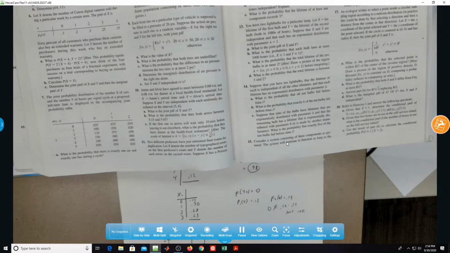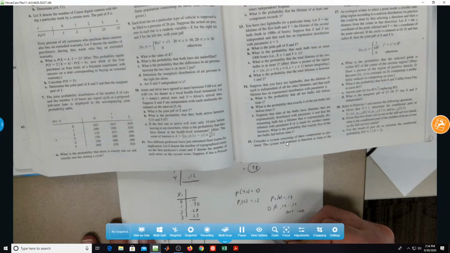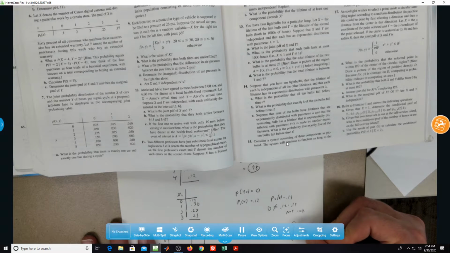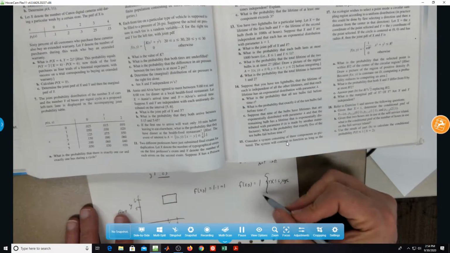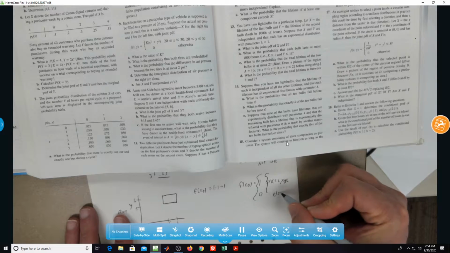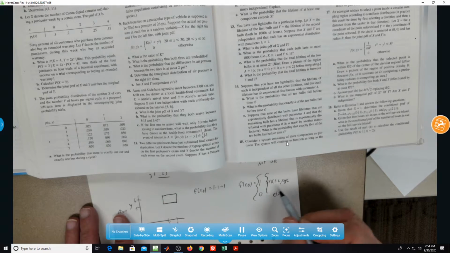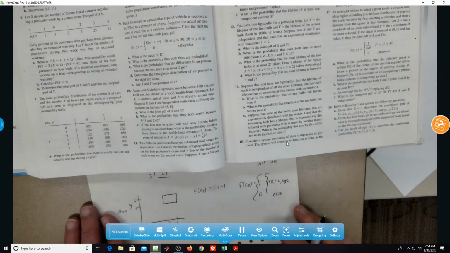We should say this a little bit better: f of xy equals 1 if x is between 5 and 6, y is between 5 and 6, and 0 elsewhere. Points off for style because I messed that up.